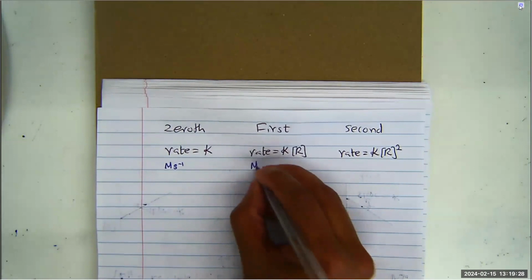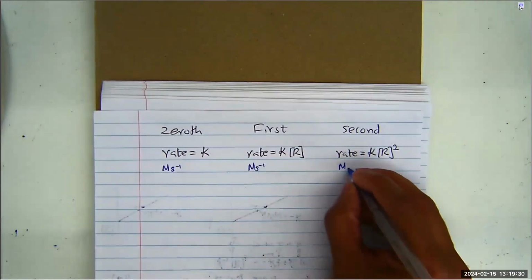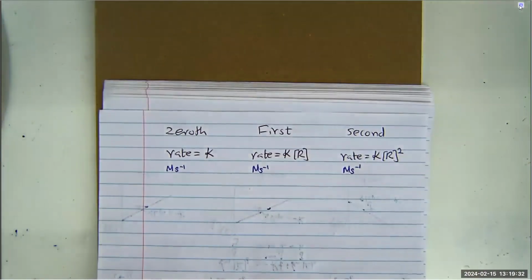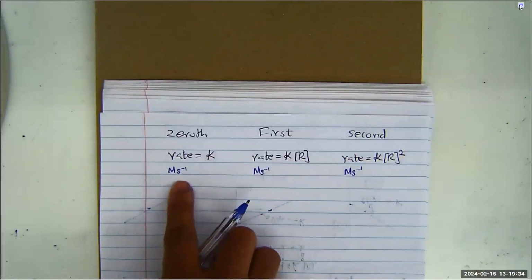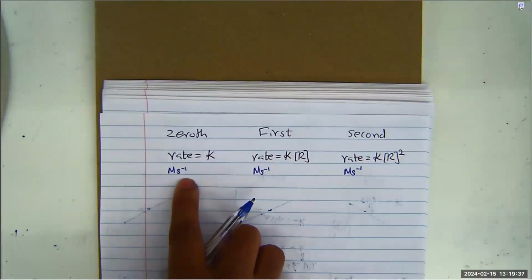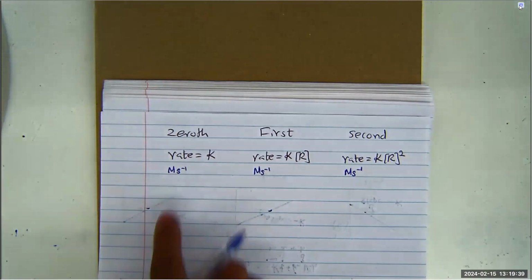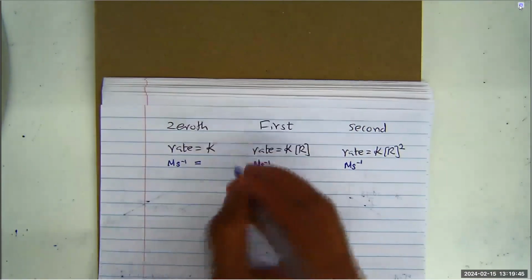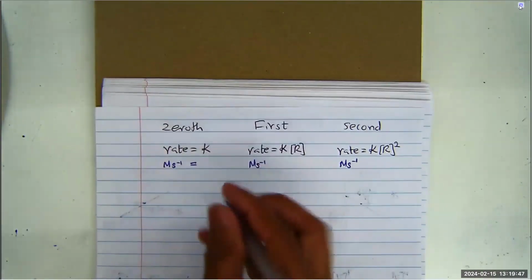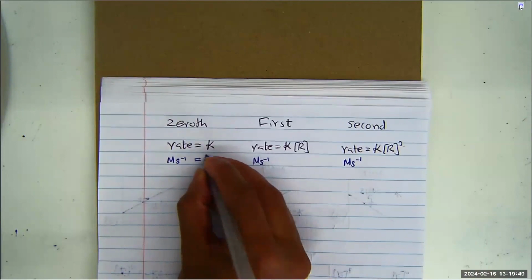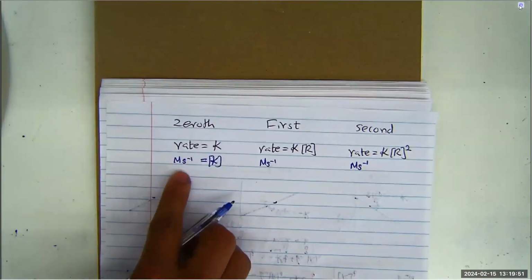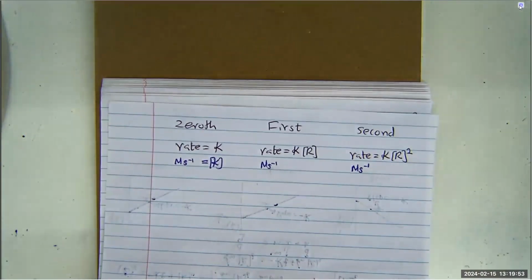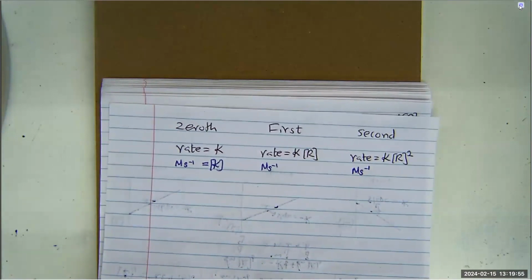Sometimes it can be minutes, hours, or years. It can be anything, but I'm going to assume it's per second, per unit time. Therefore, the units of the rate constant for zeroth order must be molar per second. It's pretty straightforward.